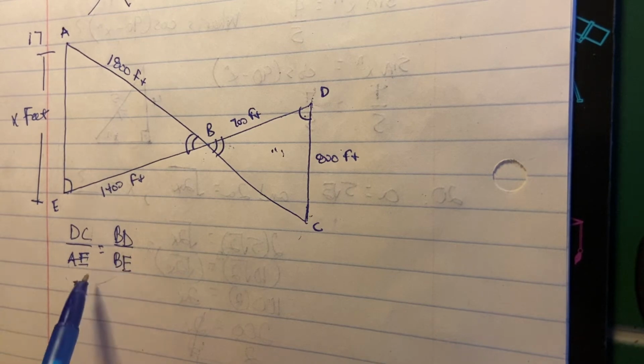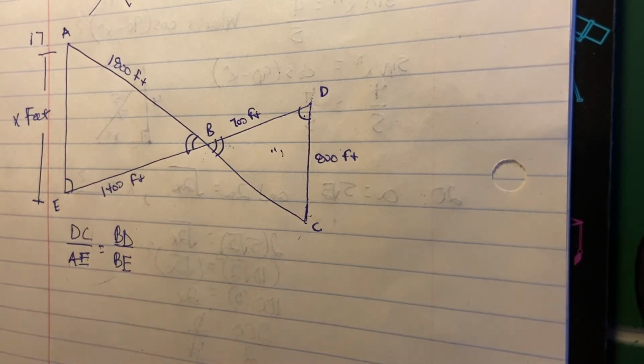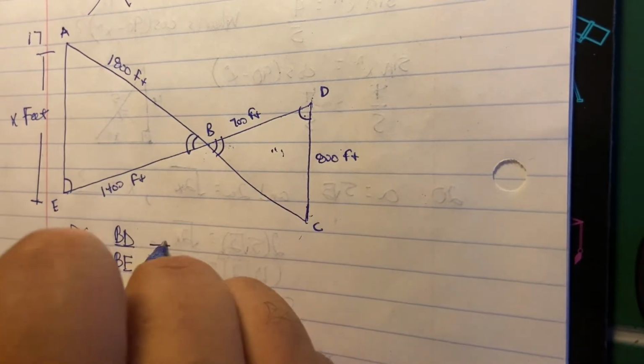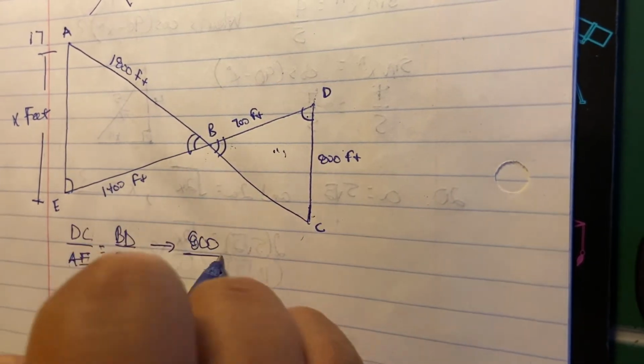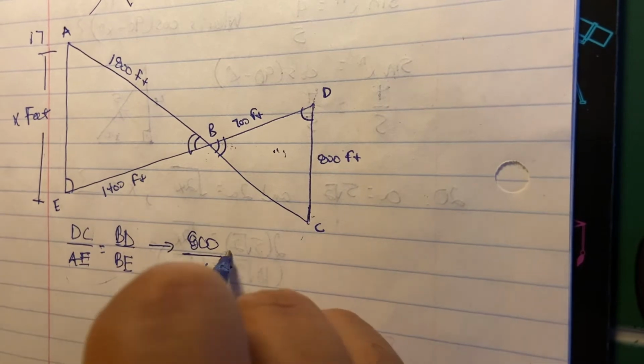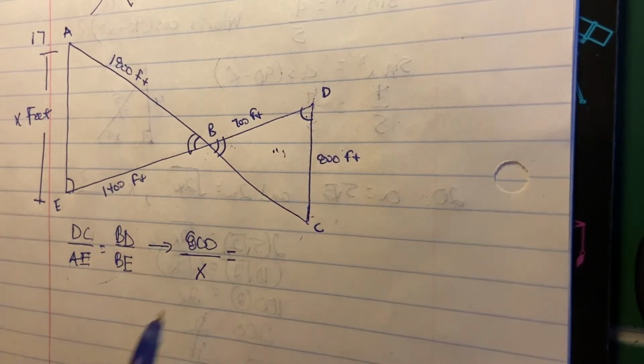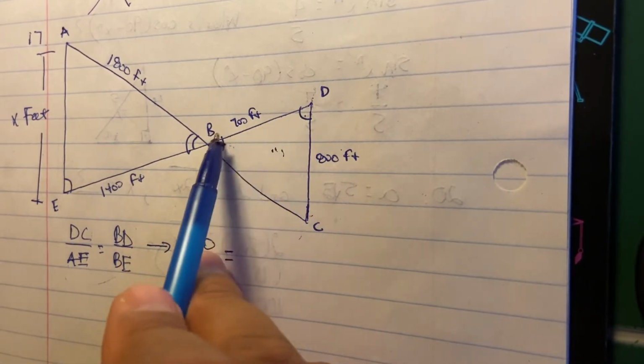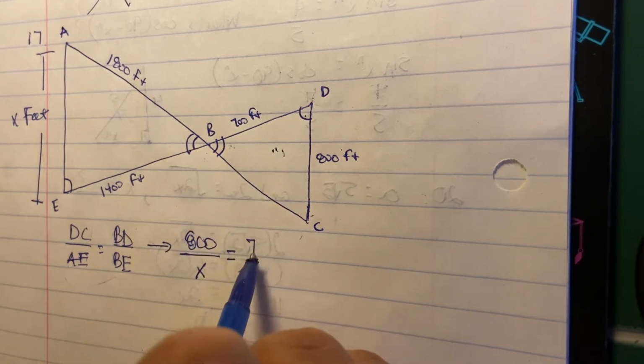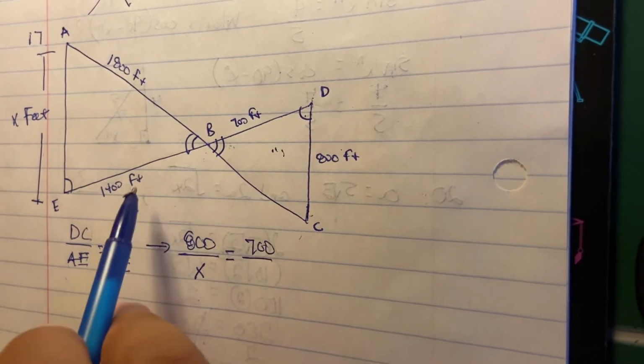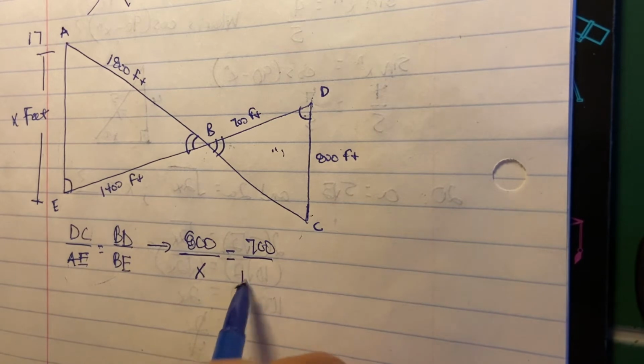When we set up this proportion, we just plug the numbers in and do our thing. So DC is 800 feet. AE is X. We don't know that, but we're going to solve the equation and figure that out. BD is just another leg of that triangle, so that's 700. And BE is 1,400. Now, why did I match these up?